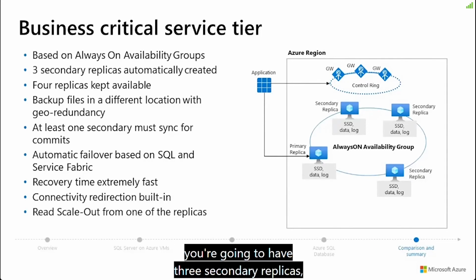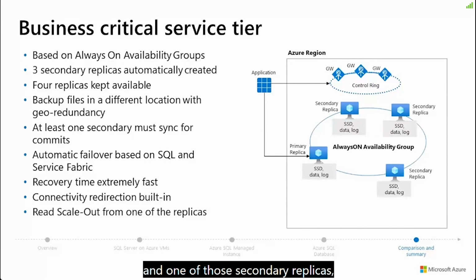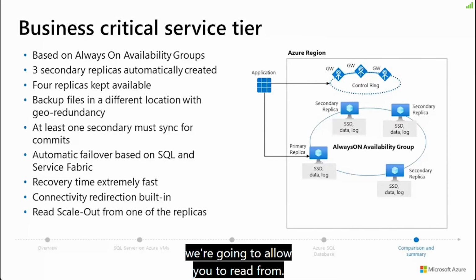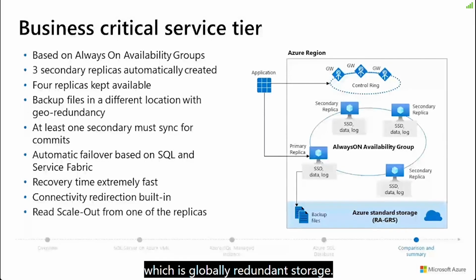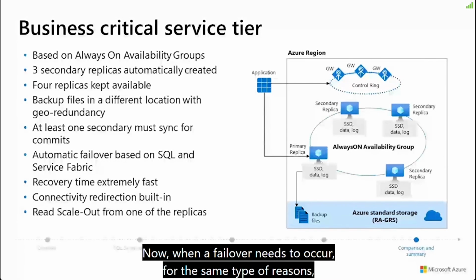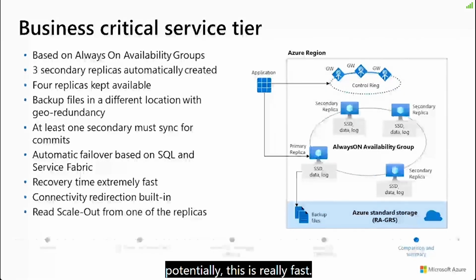So at any given time, you're going to have 3 secondary replicas, and one of those secondary replicas we're going to allow you to read from. Now, similar to general purpose, your backup files are stored in Azure Standard Storage, which is globally redundant storage. Now, when a failover needs to occur, for the same type of reasons, potentially, this is really fast.